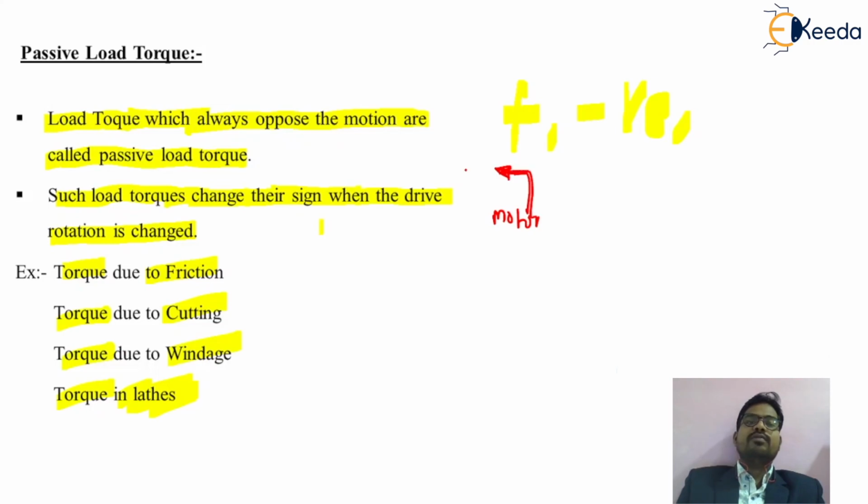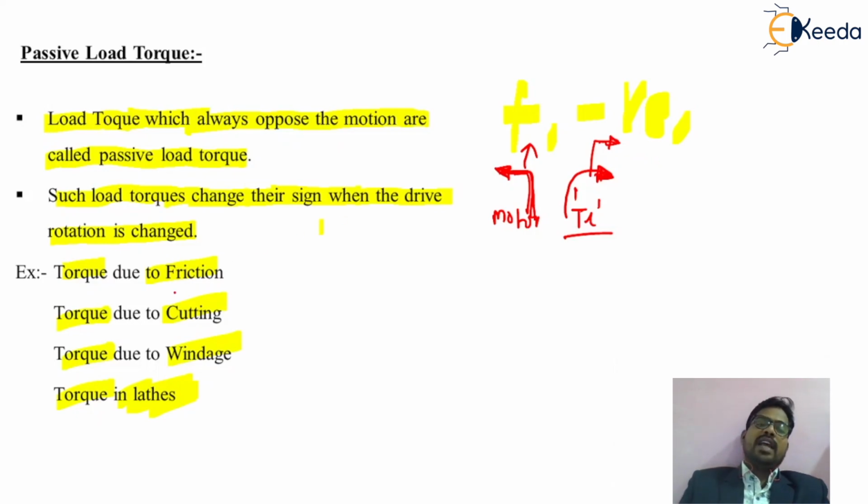By means of the passive load torque, that motion will be opposed in a clockwise direction. Such a passive load torque changes its sign. Suppose this is the positive sign, then after this the sign will change, and it becomes a negative load torque.